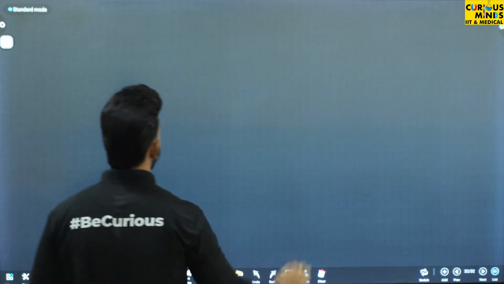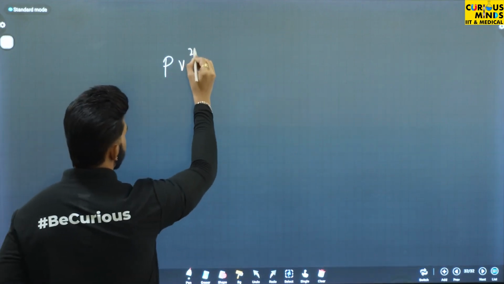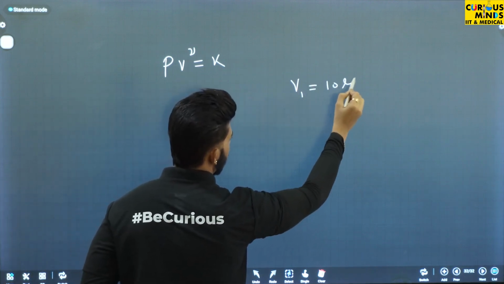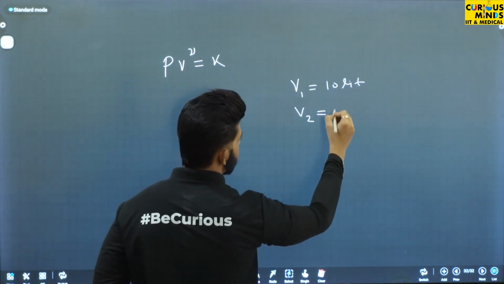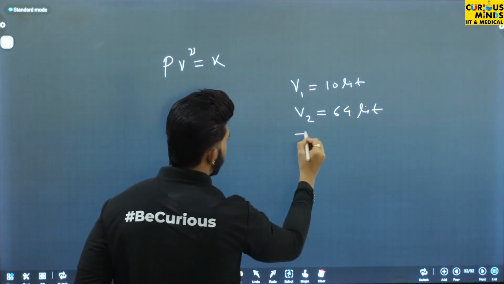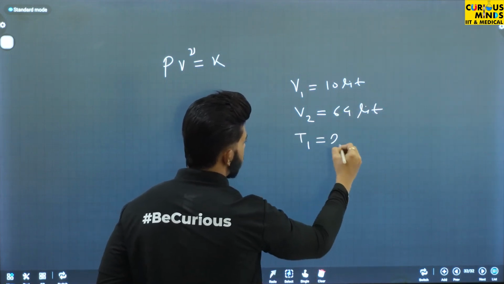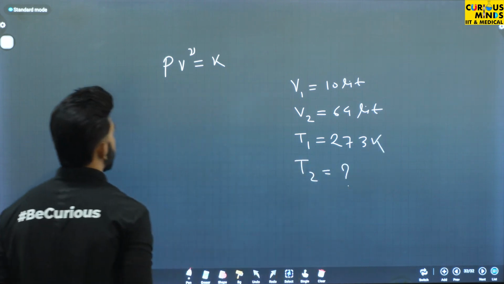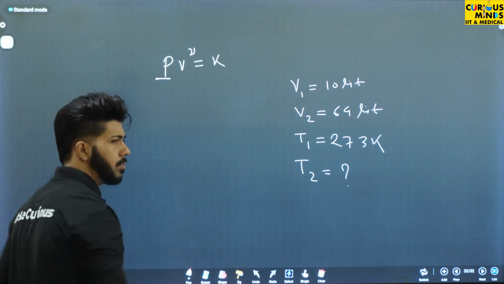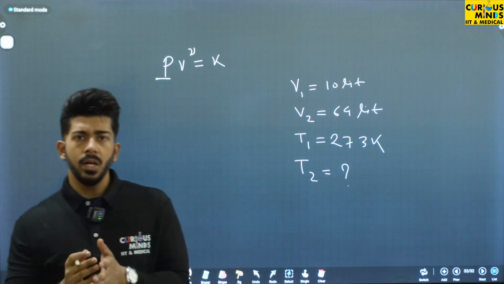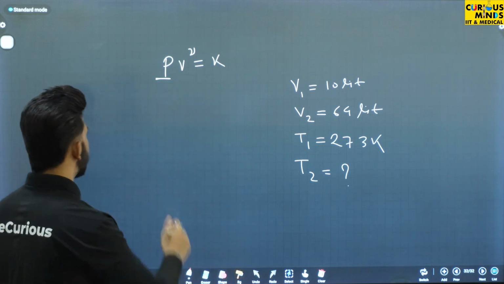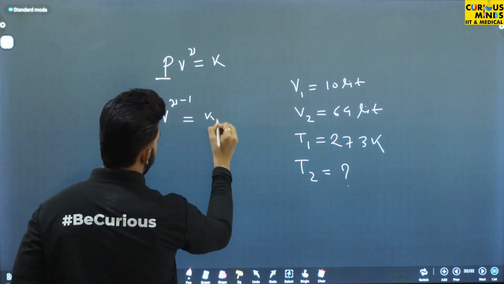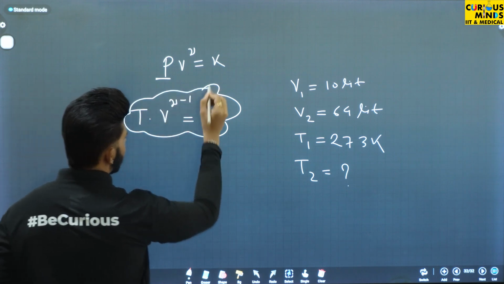So we know for an adiabatic process, PV to the power gamma equals constant. Now we have V1 10 liter, V2 64 liter, T1 that is 273 Kelvin, and we have to find out T2. So instead of P we can write, from PV equals nRT, T by V. So if I write T by V here, it will be T into V to the power gamma minus 1 equals K. This is the formula for adiabatic.